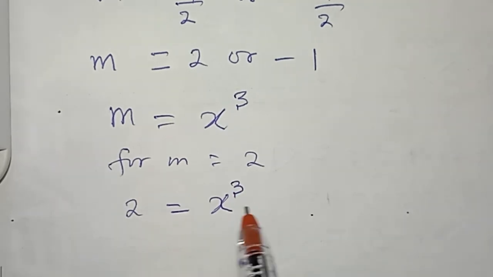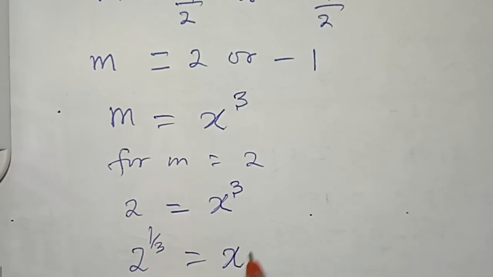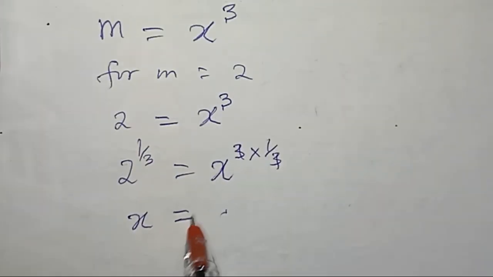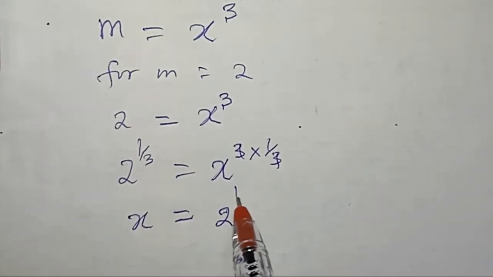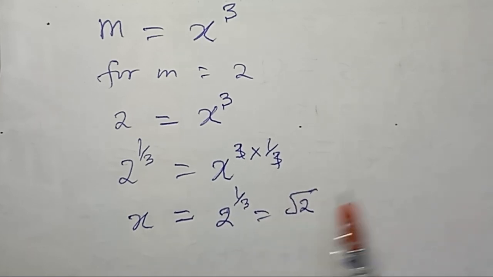For us to get the value of x, we can just raise both sides to power 1 over 3, so this cancels this, and obviously x is now equal to 2 power 1 over 3, or you can just say cube root of 2.